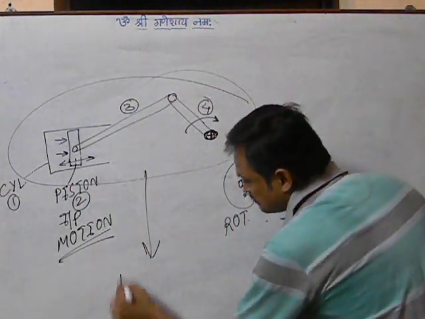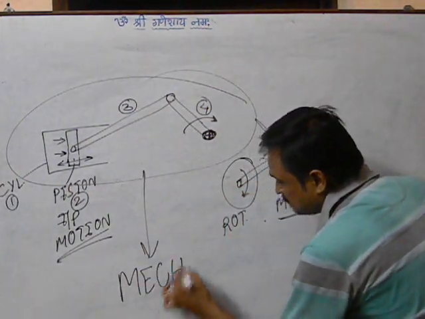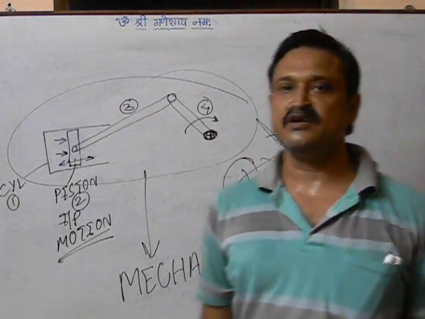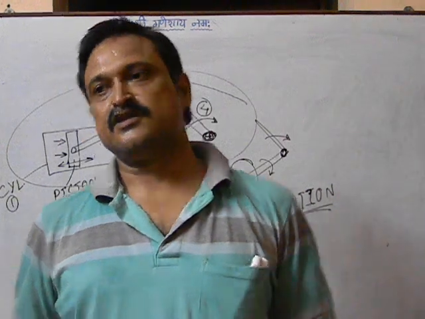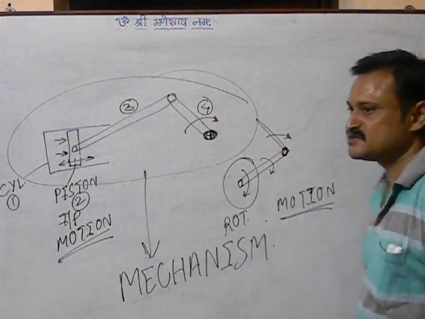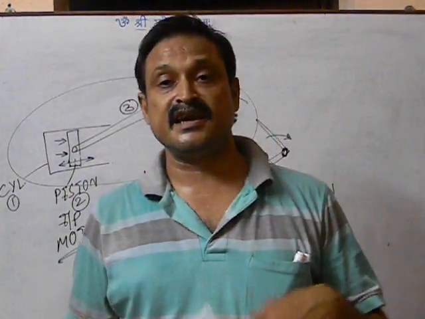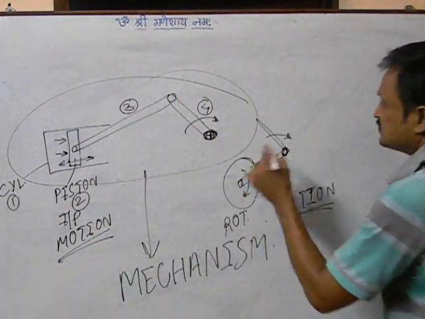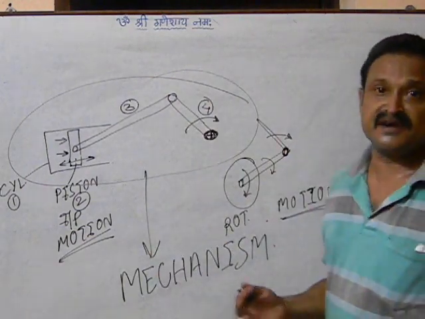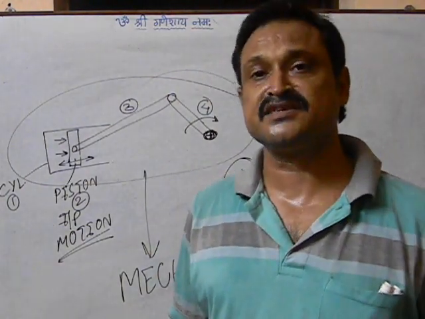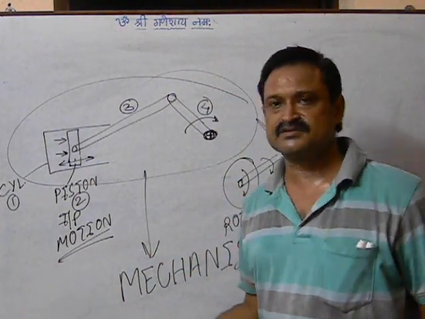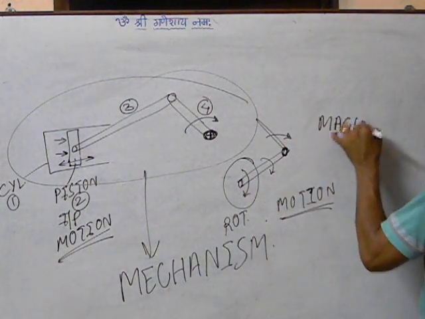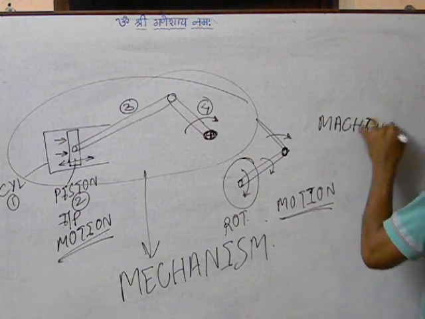This arrangement, or this study, is called a mechanism, wherein we are focused only on the motion. The moment we involve how many people it is going to carry, what is the exact required work done, that gets into it. So if I am talking about a car, which can carry 4, 5, 6, 7 people or a load of certain value, then that study will be called a machine.